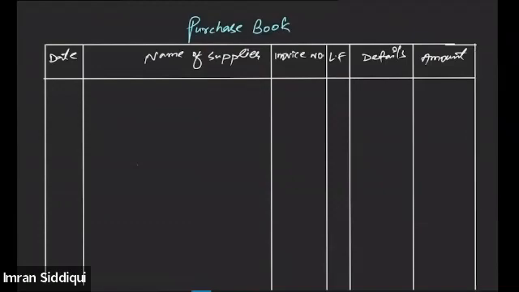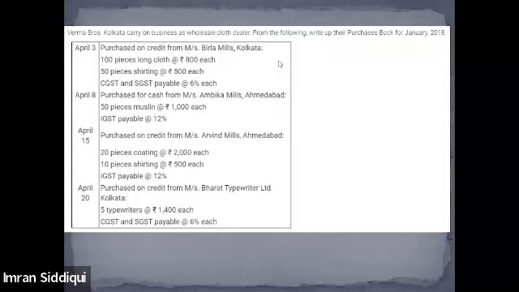Alright, so on April 3rd, the first transaction took place. Sorry, it said January 3rd, but it is April 3rd. The question says purchase on credit from Messrs.